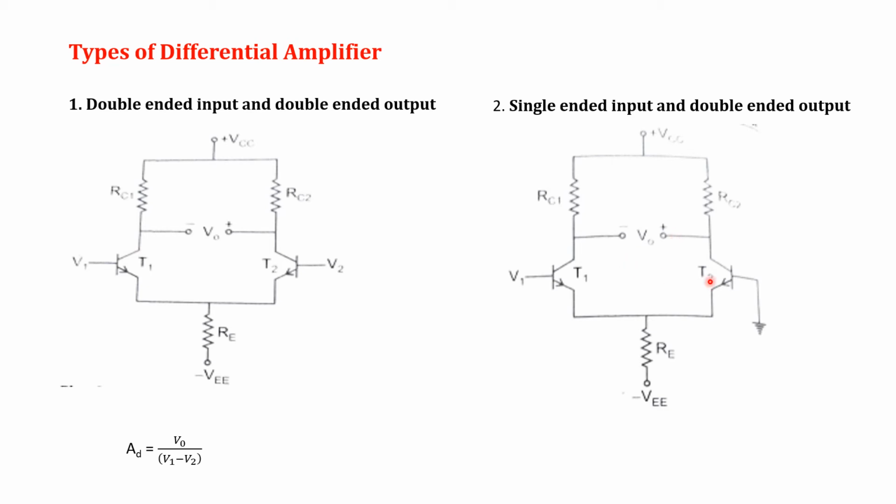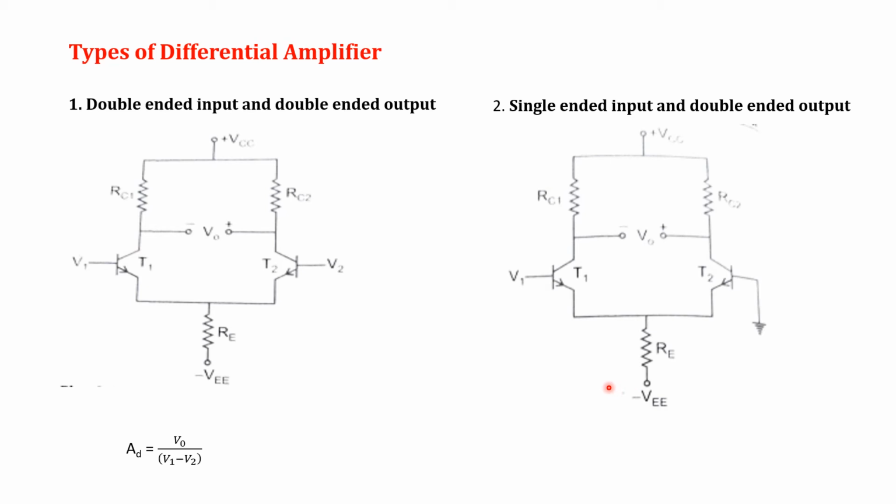If one of the inputs is 0, here V2 is 0, then we calculate the output voltage as we know the gain of the differential amplifier.